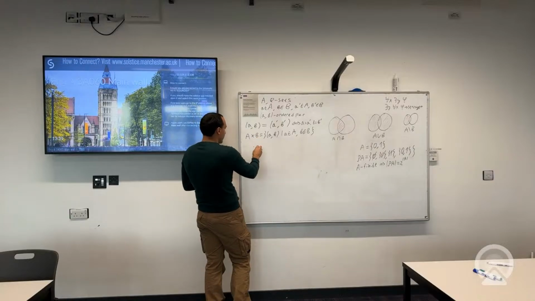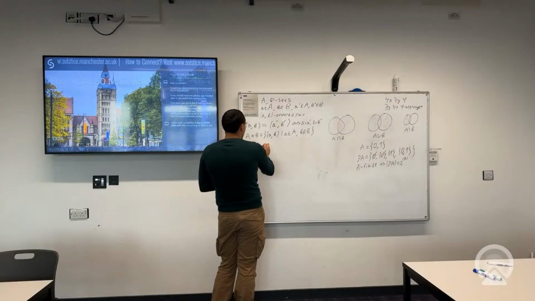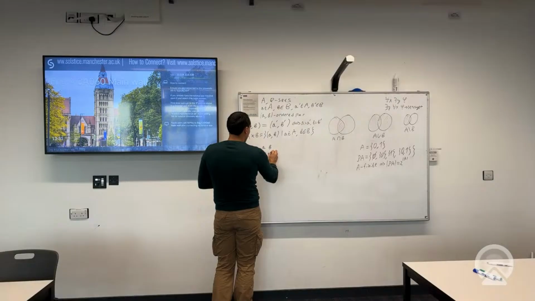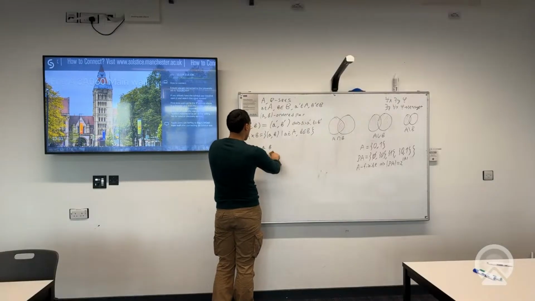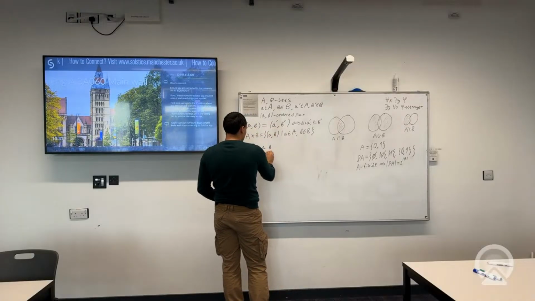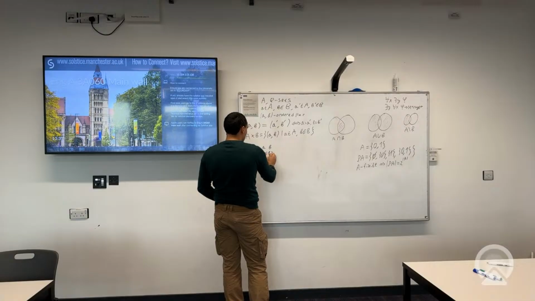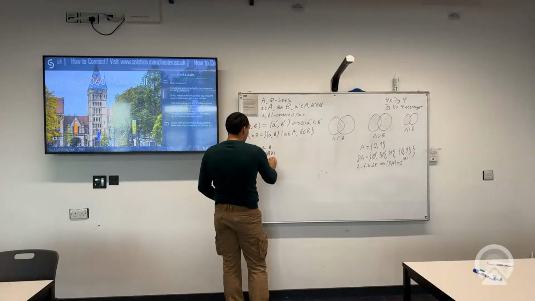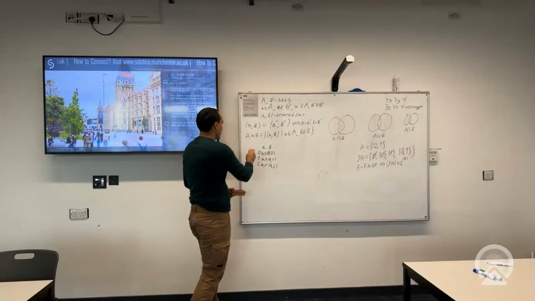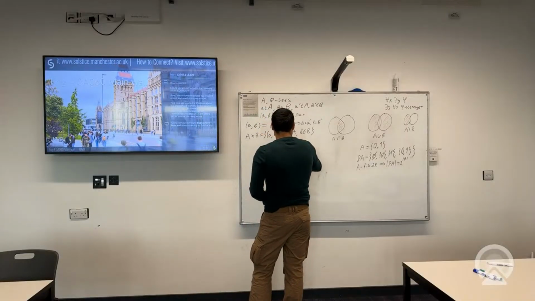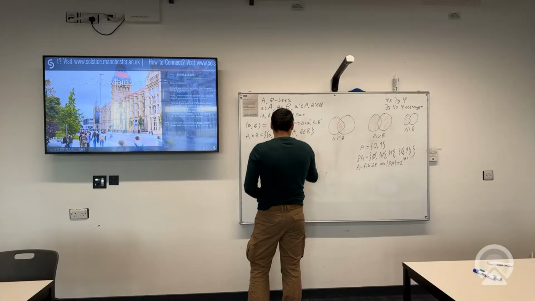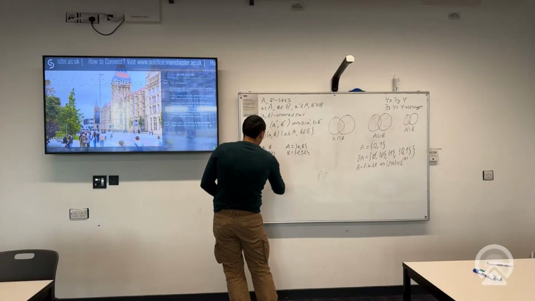This Cartesian product, if we have, for example, A, B and 0, 1, 2, we have A 0, A 1, and so on. So A times B is this set of pairs.